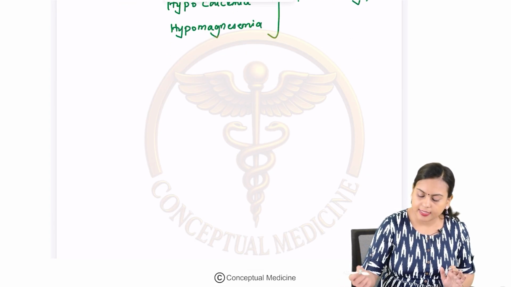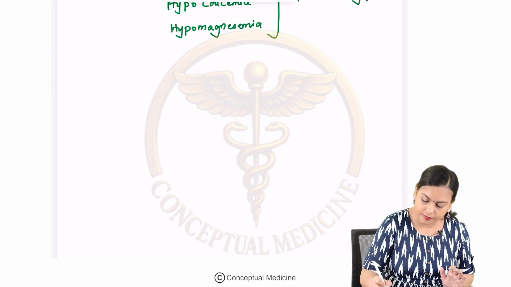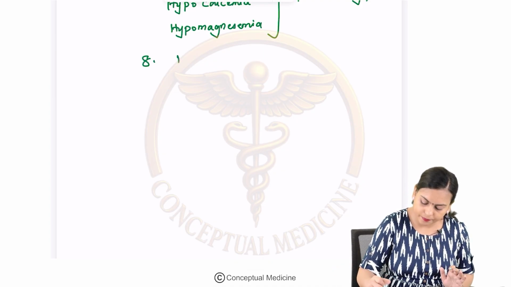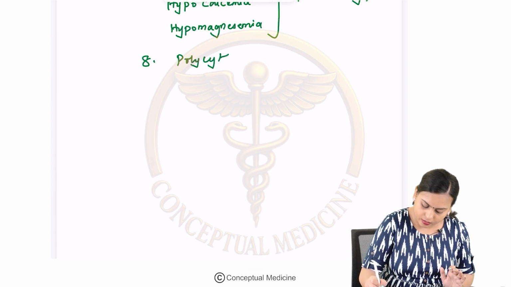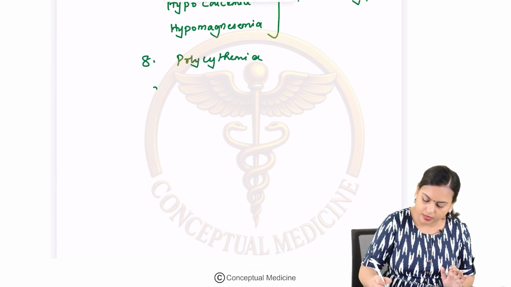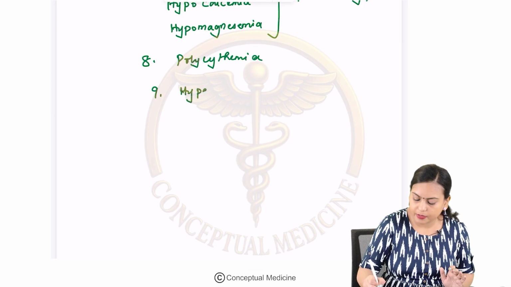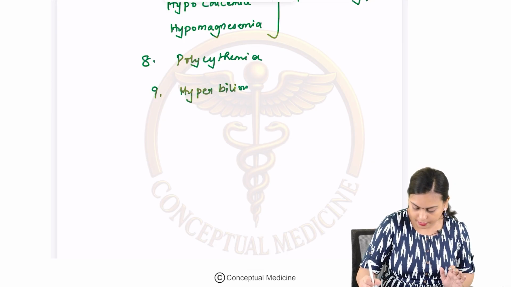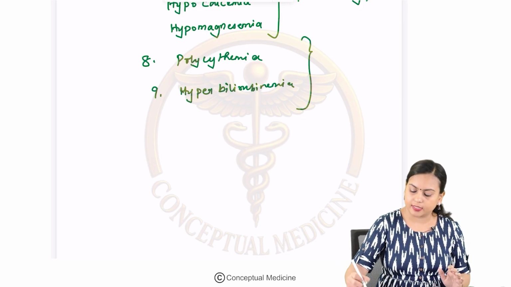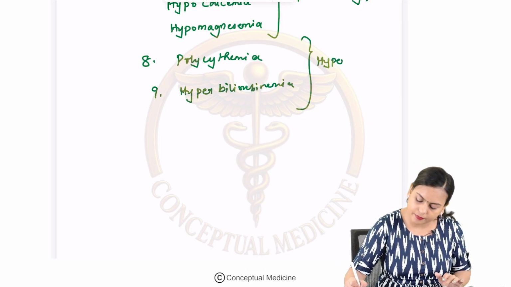And sometimes there can also be polycythemia and hyperbilirubinemia. Both of these can result in hyperviscosity syndrome.